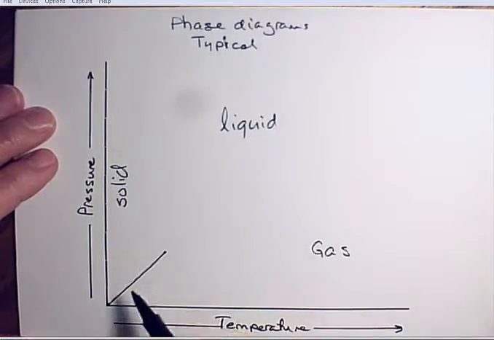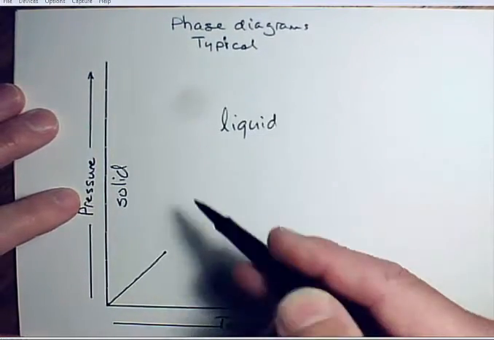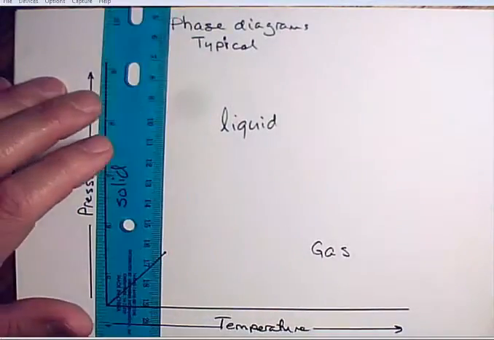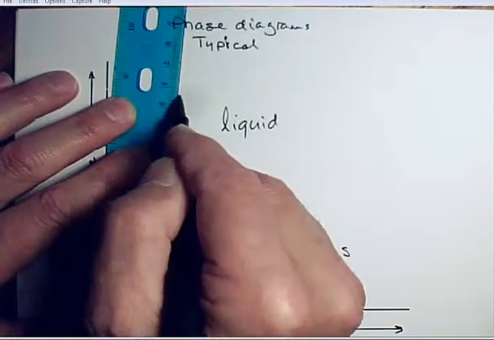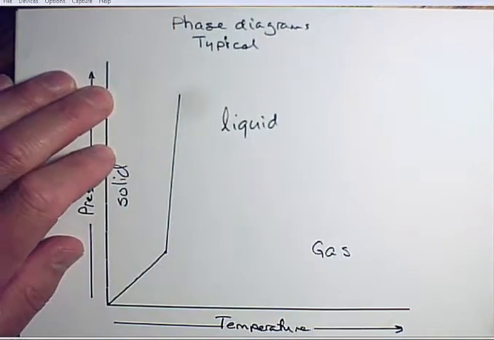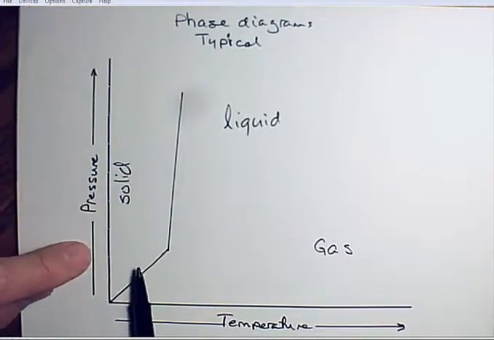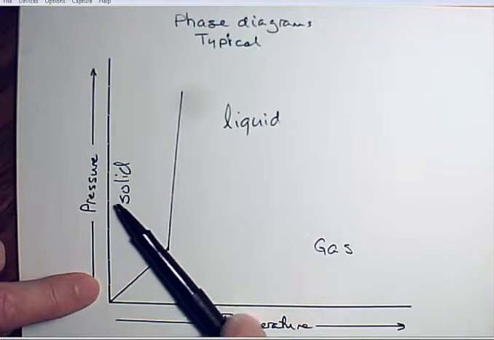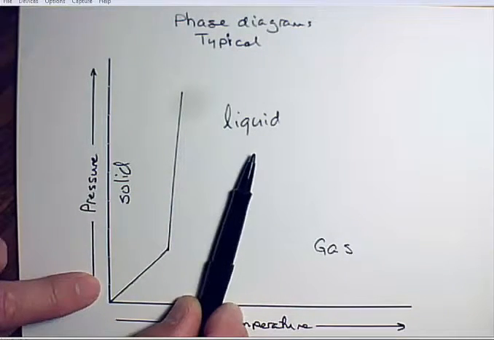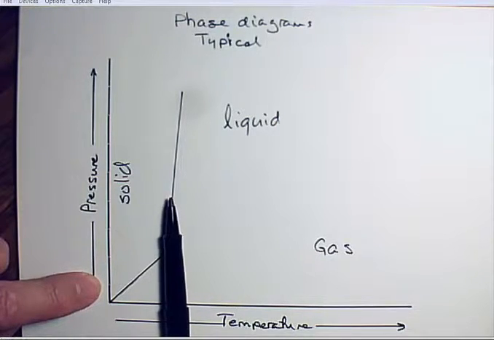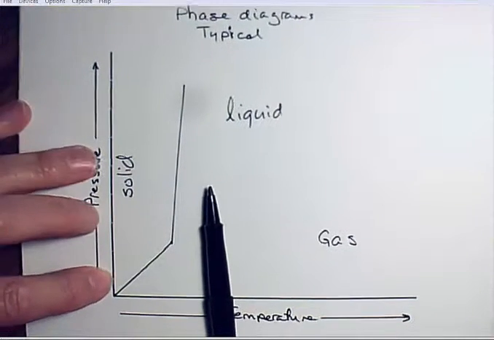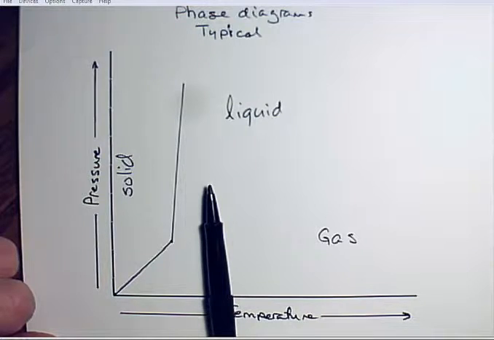So now, between the solid and liquid phase, we also have a straight line with a positive slope. It's just a different slope. As you increase pressure and temperature, you get to a point where you can start to have a liquid. But notice you don't get very far down the x-axis before you can't have a solid anymore.